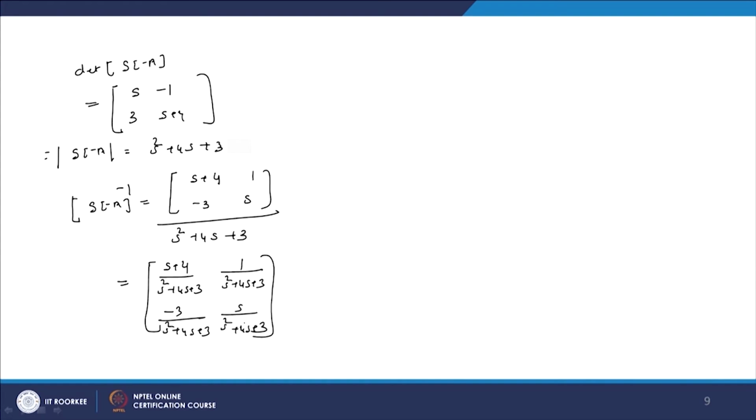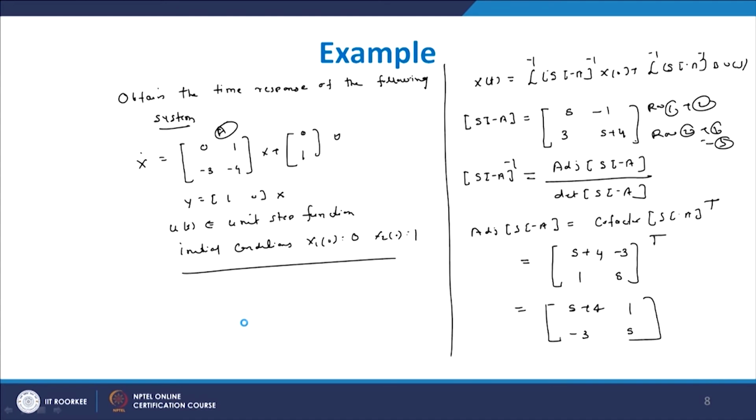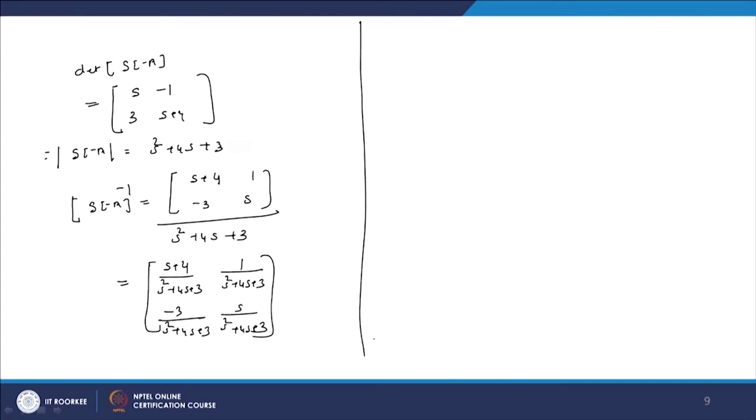Now, our main purpose is to get the Laplace inverse of (sI minus A) inverse x of 0. The equation we have got, we have to take the Laplace inverse of (sI minus A) inverse, so that we get the result in terms of x of t. If you see s plus 4 over s square plus 4s plus 3, it is not possible to calculate the inverse directly.